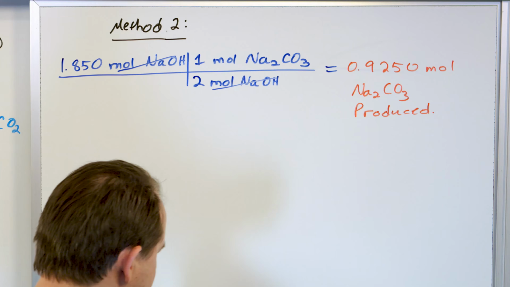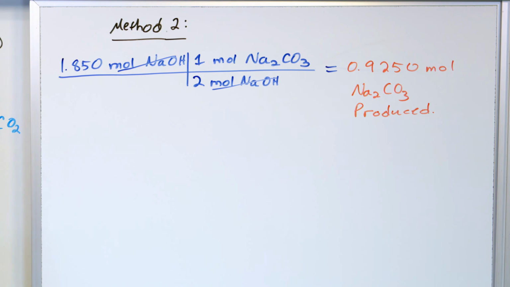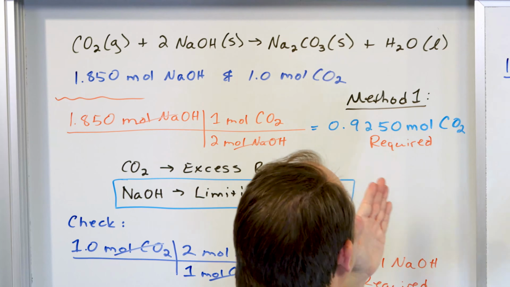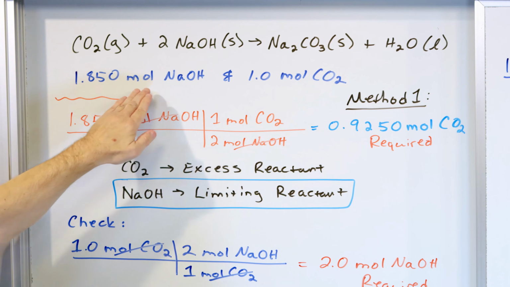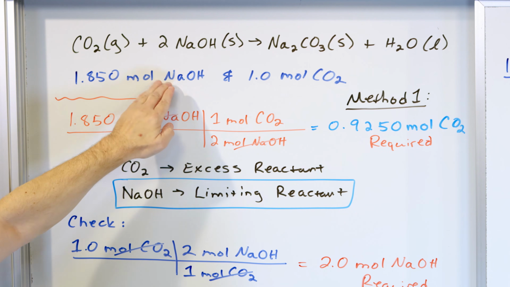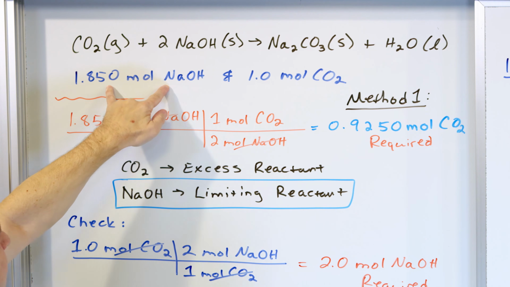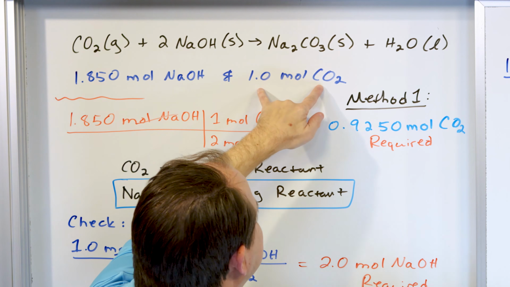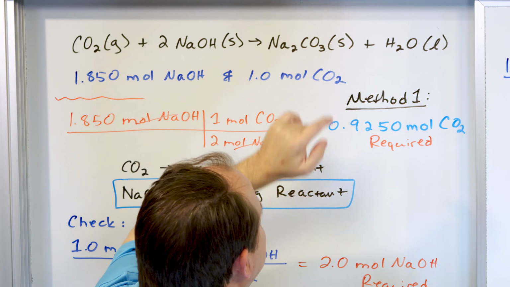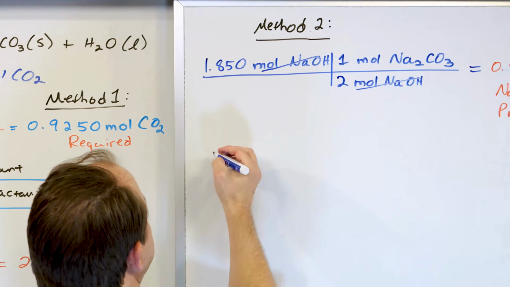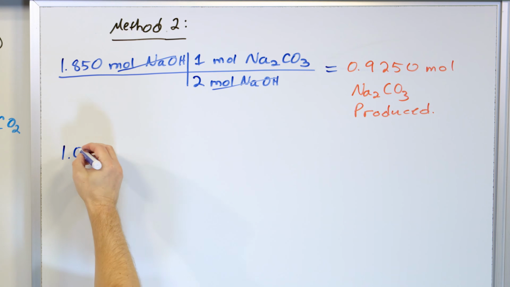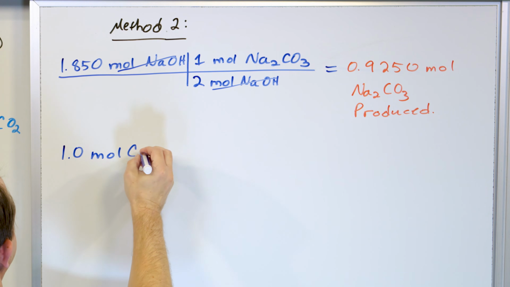All right, produced. Now that's not really enough to figure out which is the limiting reactant. What we have to do is do the whole thing again. We calculate how much product is formed with this being the limiting reactant, and then we switch to this one and say, okay, let's pretend this one's the limiting reactant and see how much product is formed. Let's go ahead and do it, and I think you'll understand. 1.0 moles of CO2.